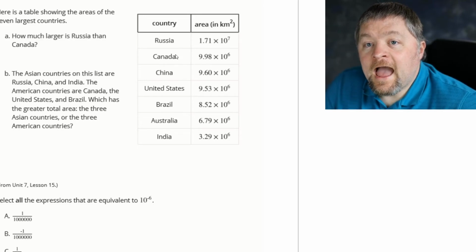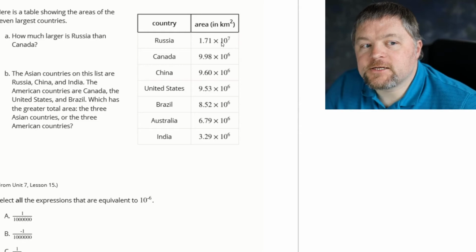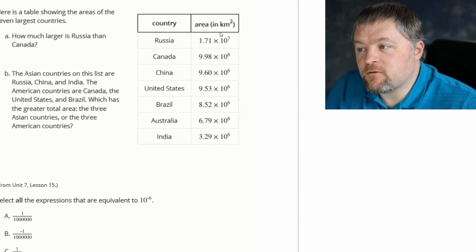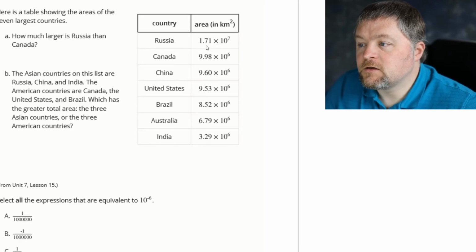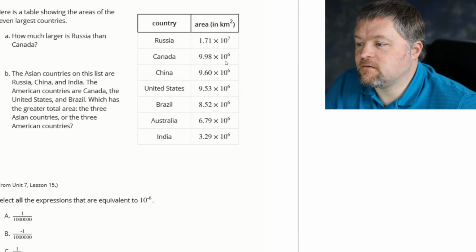Before we add numbers in scientific notation, we have to make sure that they all have the same exponent, the same power of 10. So Russia is the only one that is not 10 to the power of 6.